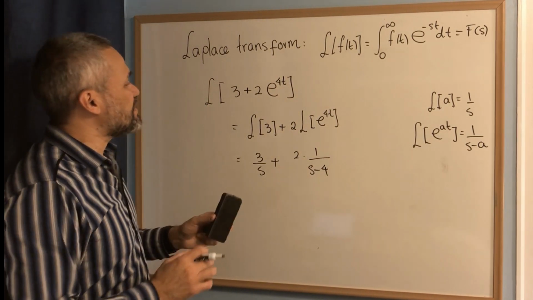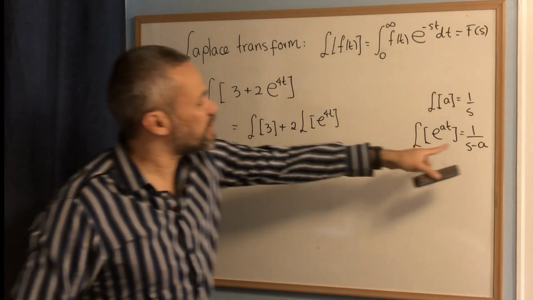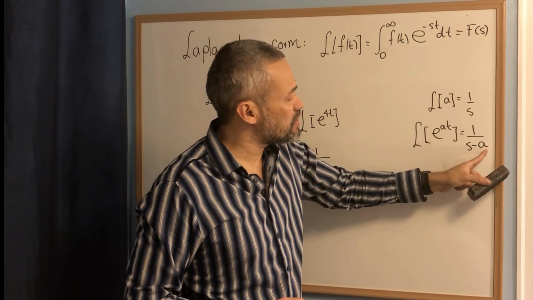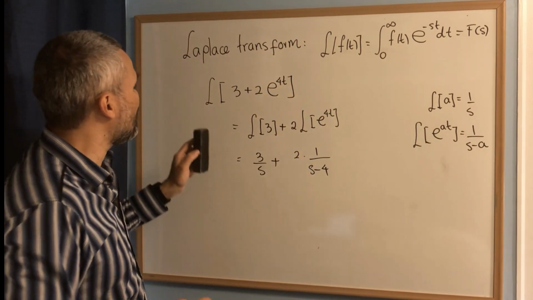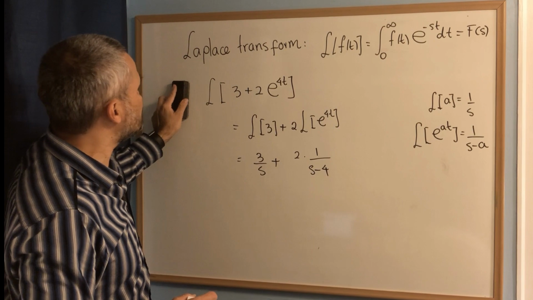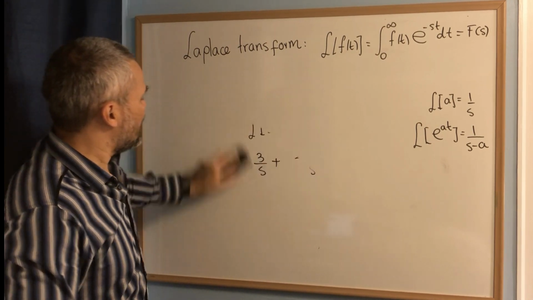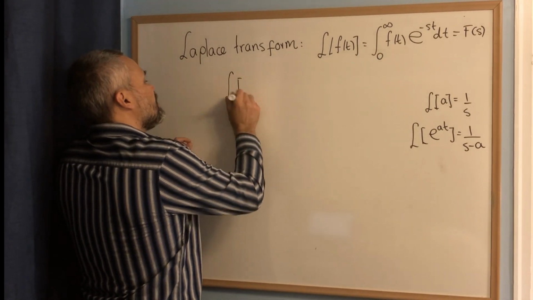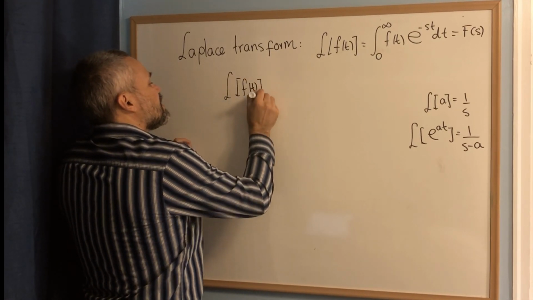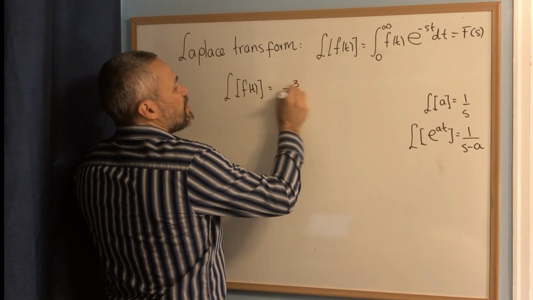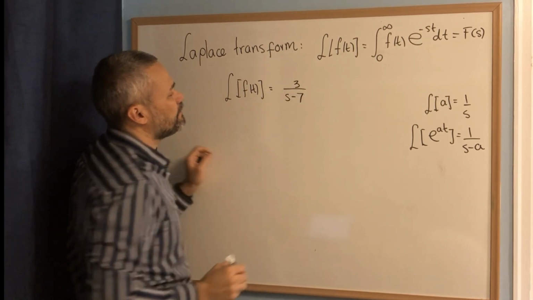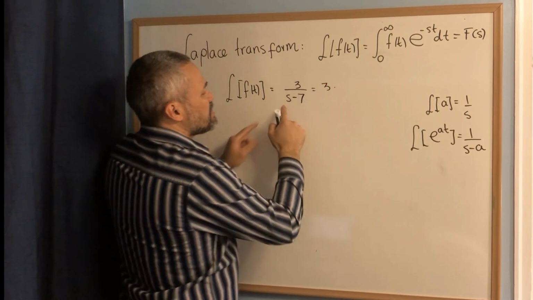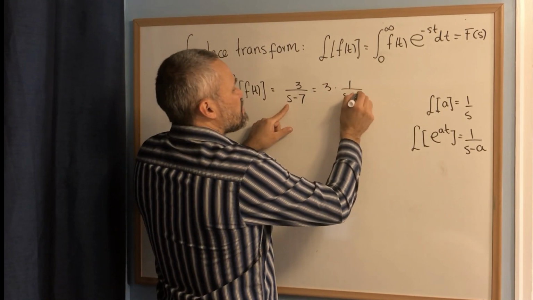Sometimes we have a function in terms of s, and we want to know the function f of t that produces that function as a Laplace transform. Let's do easy examples of that. Let's suppose that we want to find f of t such that the Laplace transform is 3 over s minus 7. Then we notice that this is 3 times, and this part is 1 over s minus 7.